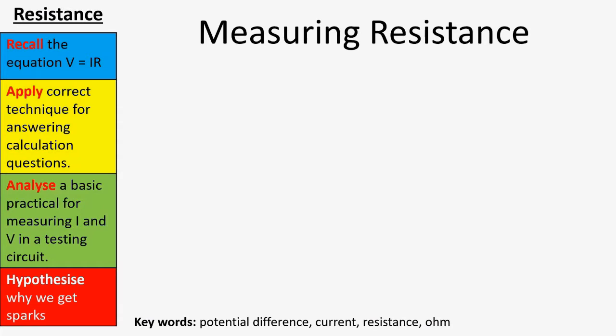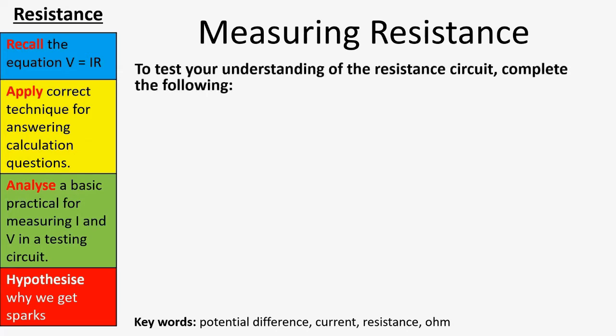So now we're going to take a look at a little experiment where we are going to be measuring the resistance. We'll be measuring the resistance indirectly using measurements for the current and the potential difference. Once you've seen the video, I would like you to answer the following. Number 1, I would like you to draw a circuit diagram for the experiment.